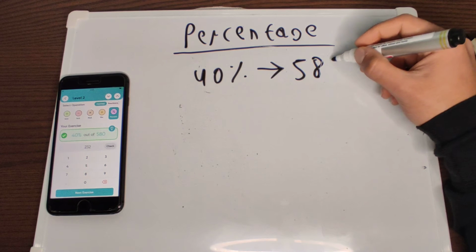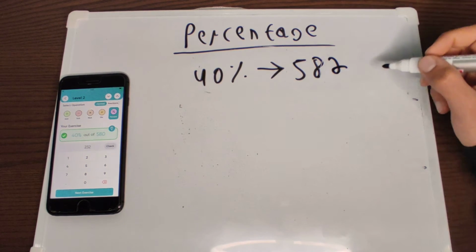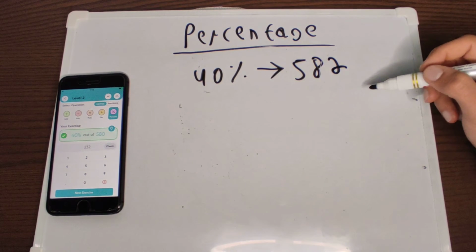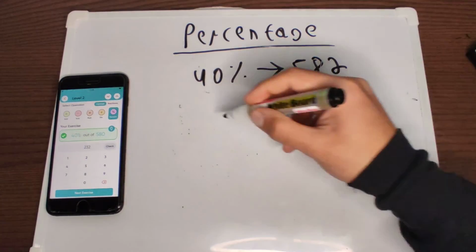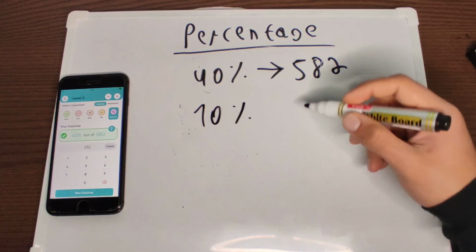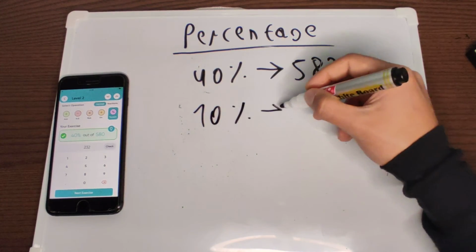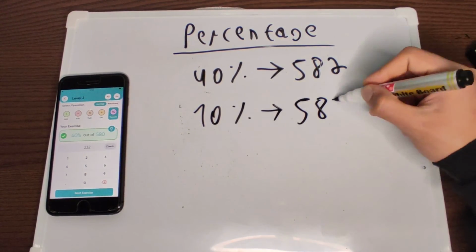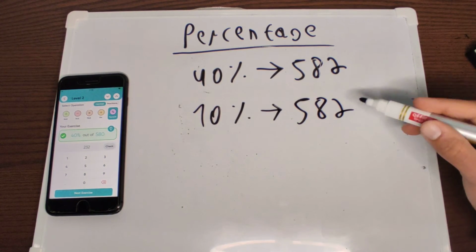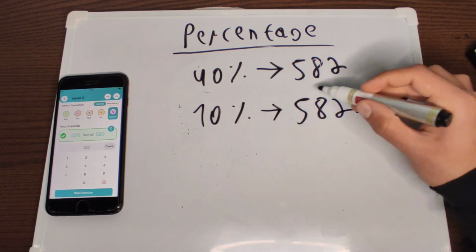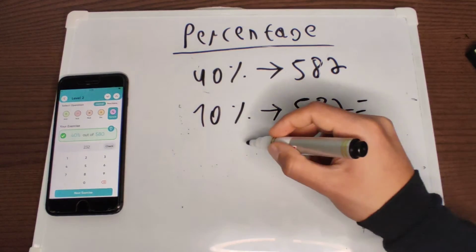Alright, but what happens if the number does not end with a 0 digit? What happens if it ends with 2, with the digit 2? So, again, we need to do the same procedure. We need to calculate the 10% and then multiply it by 4. So, 10% out of 582, we need to divide this number by 10, as usual.